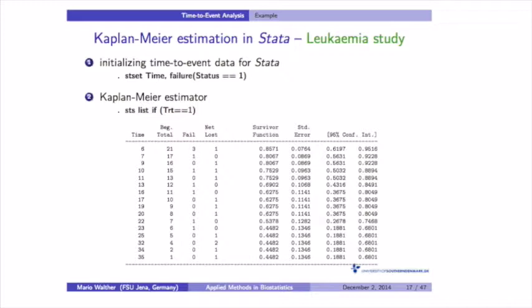So this is only a restriction of the data, and here I want to restrict only to the treatment group. And then you get this table where the survival probability concerning especially Kaplan-Meier estimation is presented.